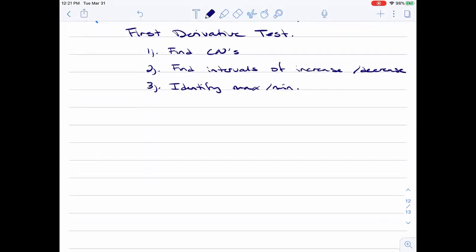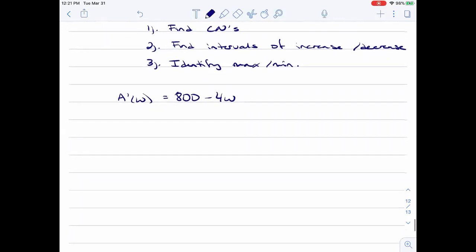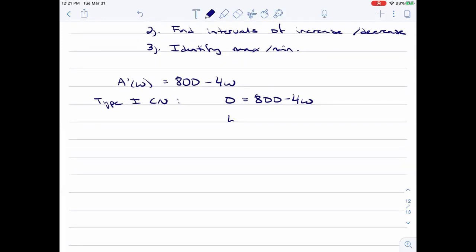So we already found our critical numbers, and A prime of W is 800 minus 4W. Skipping ahead a little bit, our type 1 critical number is when 0 equals 800 minus 4W. So that's when W is 200.